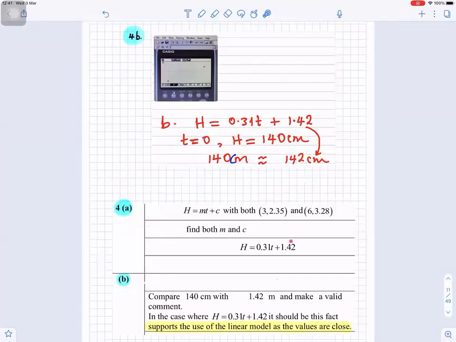So that's what you had for, it's written neatly for 4a. And for 4b, you just compare 140 centimeters is similar to 1.42 meters, and you make a valid comment, it should support the use of linear model as the values are close together. And you can see here when you plot a graph that these 2 points, you can put a line and you get almost a straight line graph.